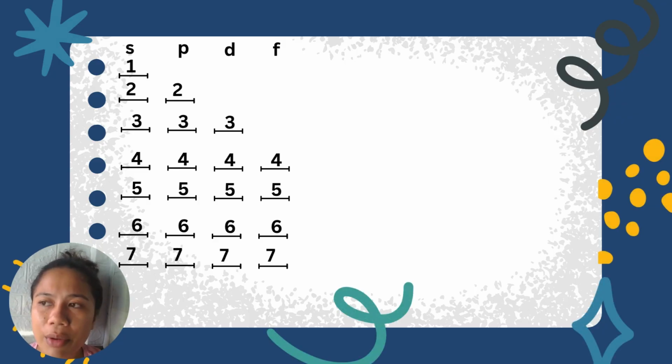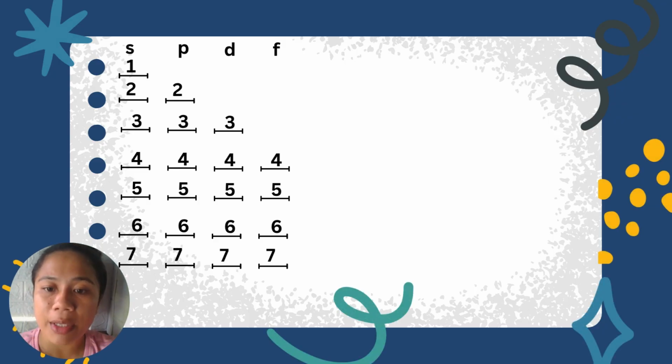Always remember that these columns represent the subshells, which are the S, the P, the D, and the F. So the first column is under the subshell S. The second column is under the subshell P. The third column is under the subshell D. And the last column is under the subshell F. Don't worry, I will have an illustration on the next slide so that you will understand it further.